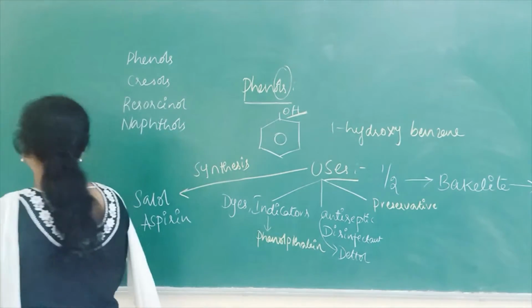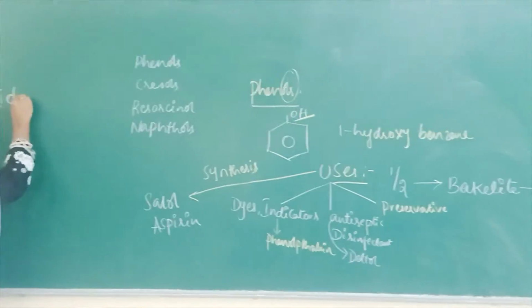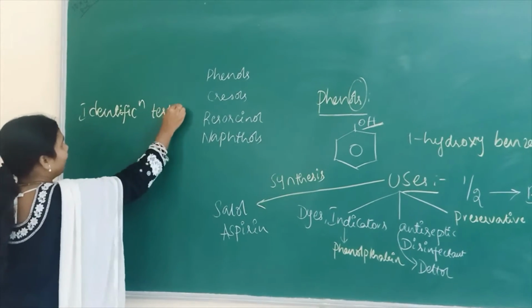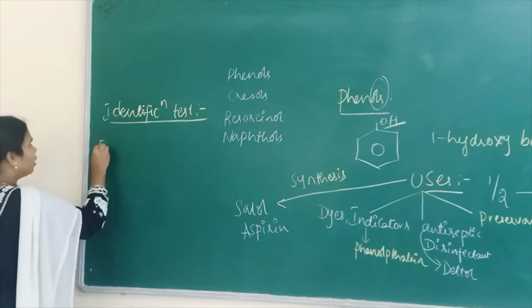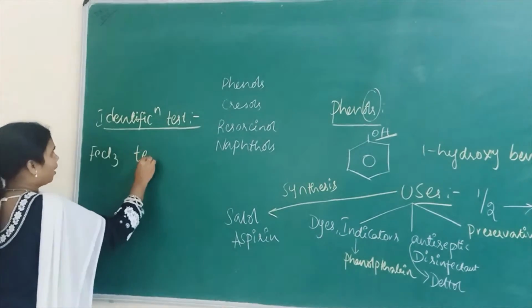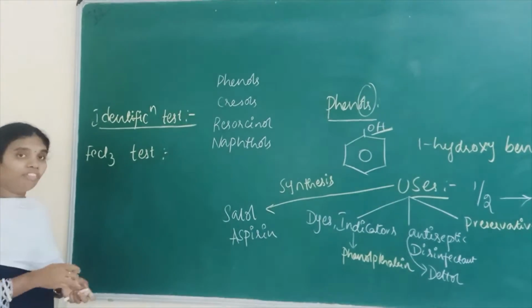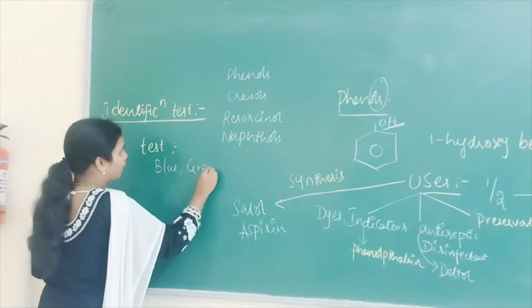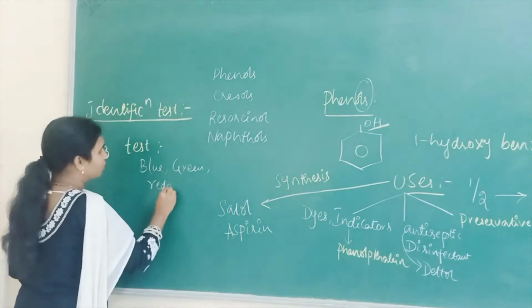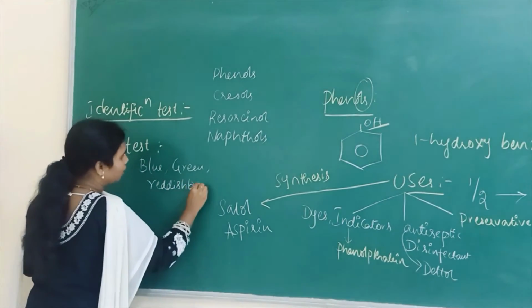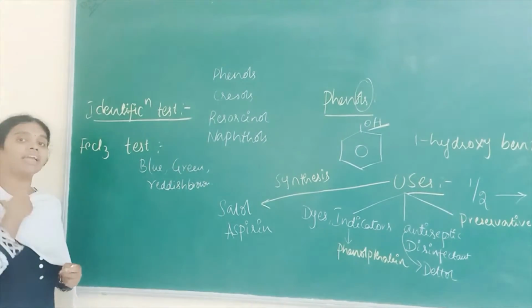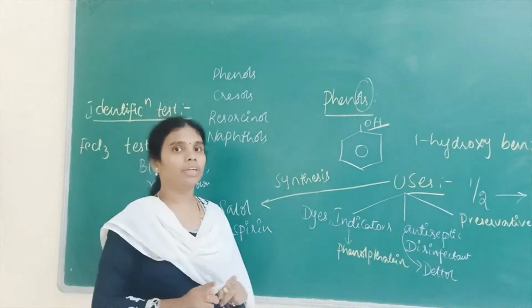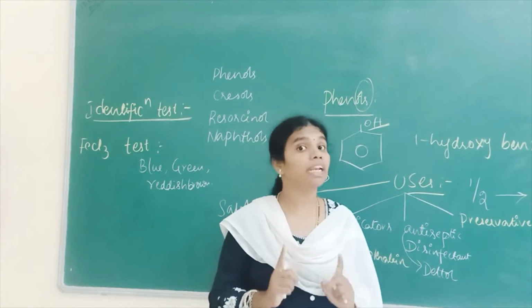So coming to the identification test, that is a common test, the ferric chloride test. Depending on the type of phenol, this test will give a blue, green, reddish brown or purple color. So various colored reactions will be produced upon reacting phenols with ferric chloride solution, that too in the presence of pyridine solution.